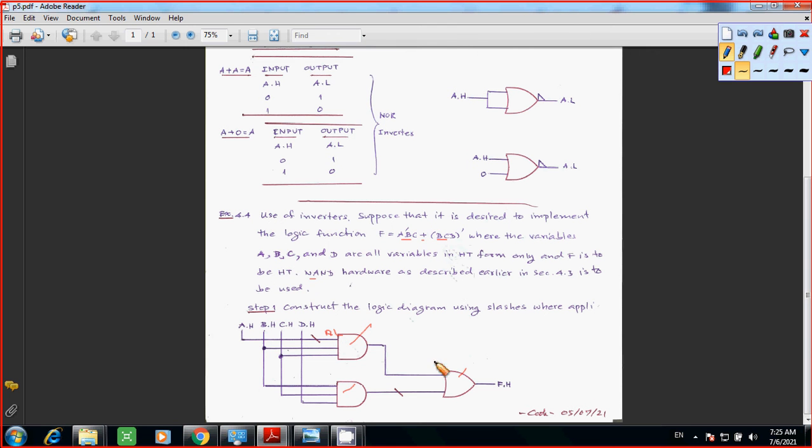And BCD prime, so that's why you put the slash here, complement of BCD. And finally you OR them together. That's why you have the OR gate right here, and your outputs to become high true. Okay, that's the first step.